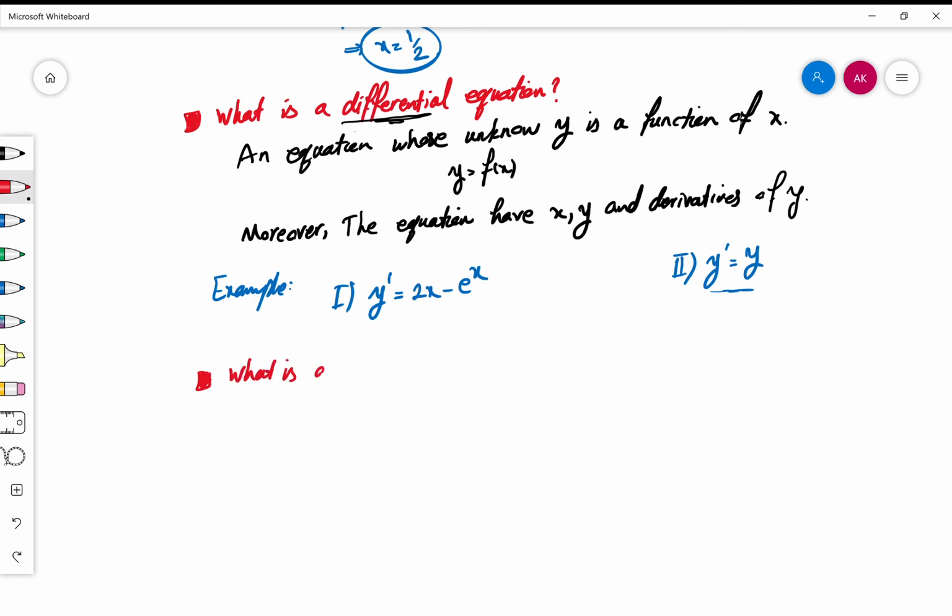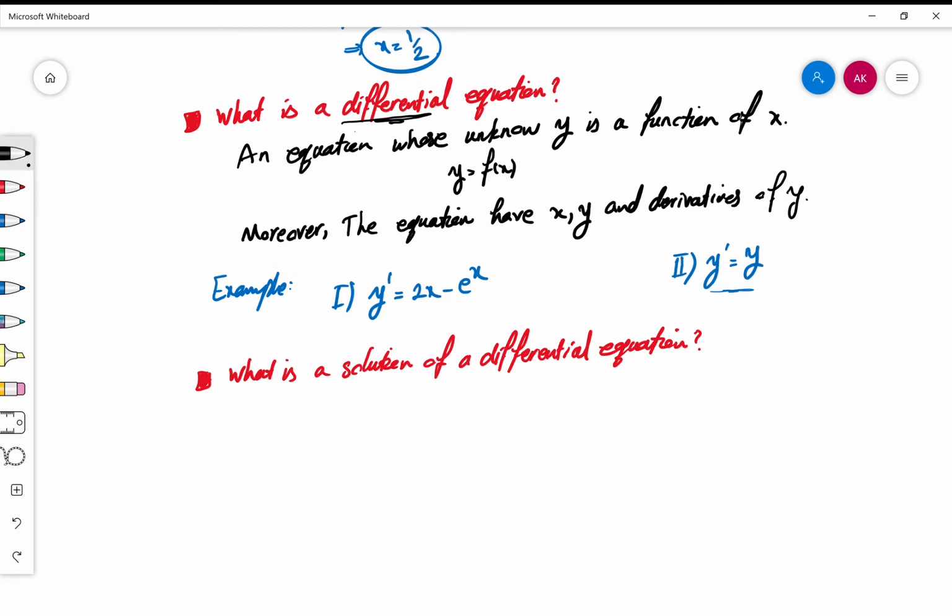So what is a solution of a differential equation? The nature of the unknown here is a function.